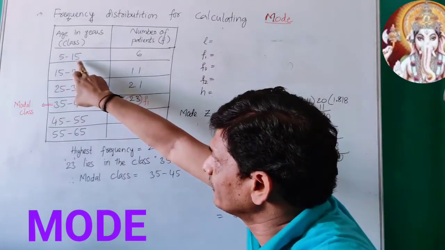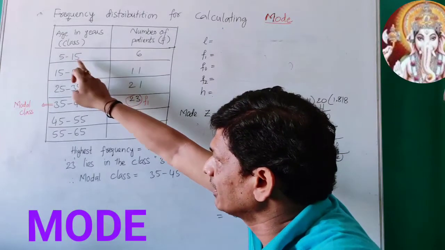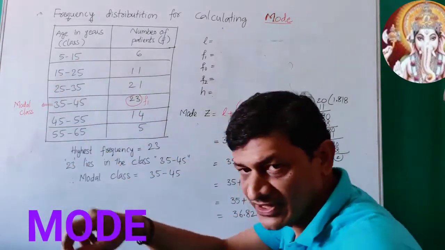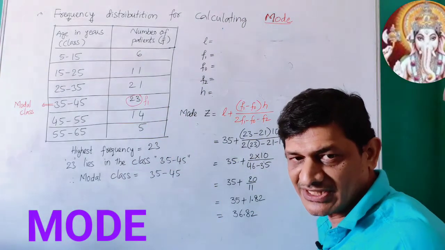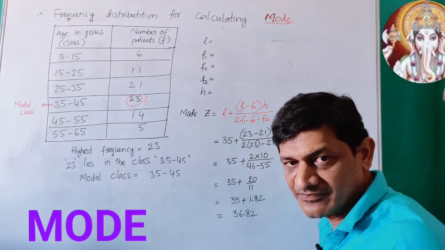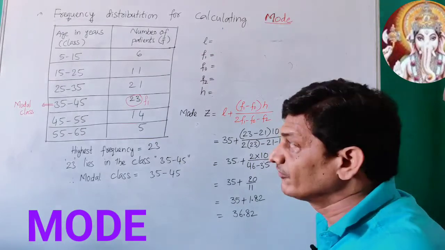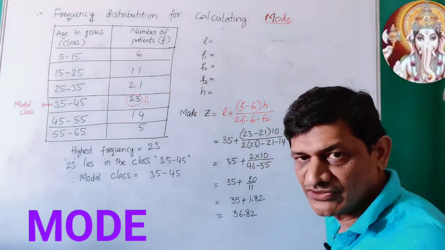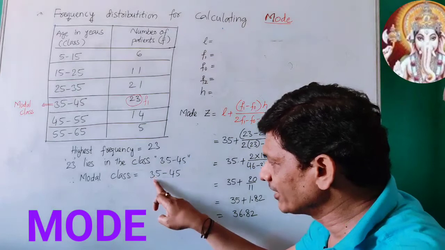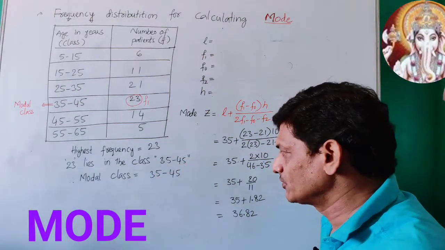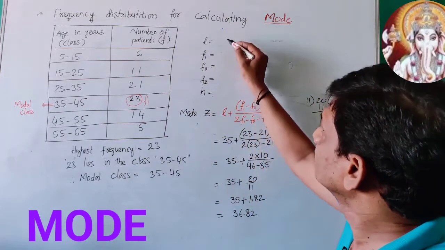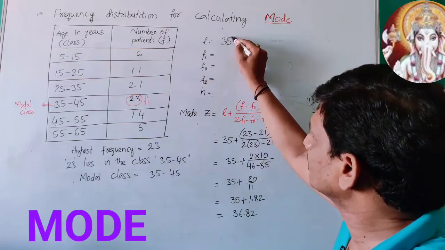In the first class the last value is 15 and the next class begins with 15. Such classes are called continuous classes or exclusive classes. Whenever exclusive classes are given to you, whatever the lower limit is, that lower limit should be taken as the lower boundary. So the L value is 35. I am writing L equals 35.